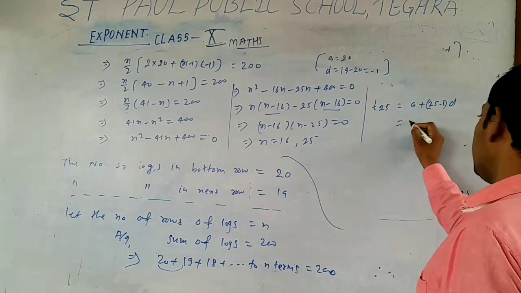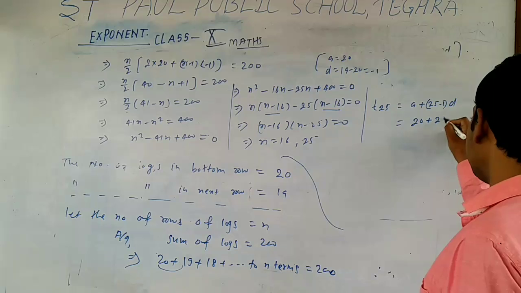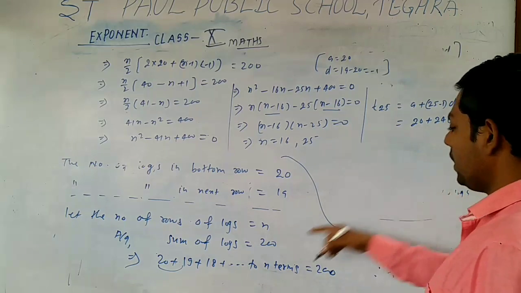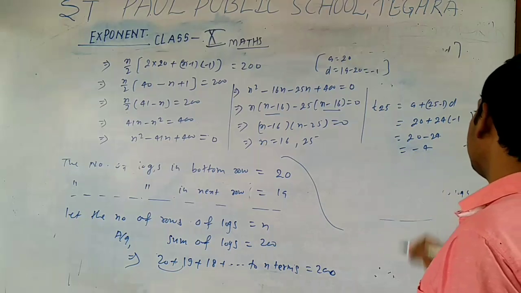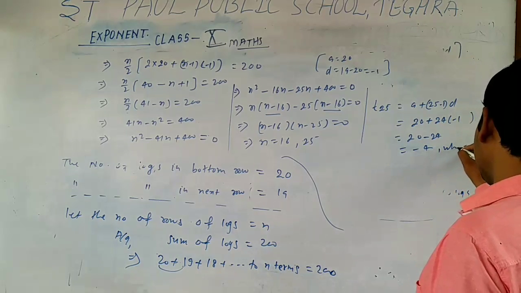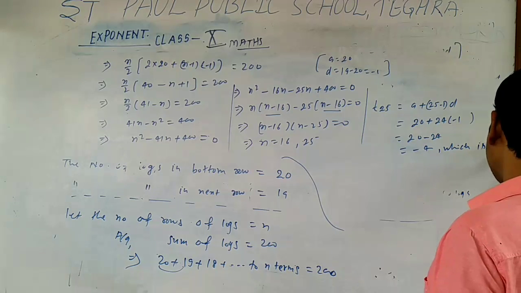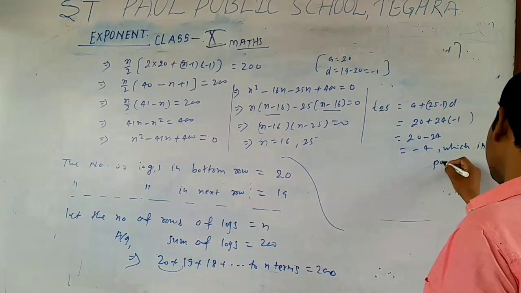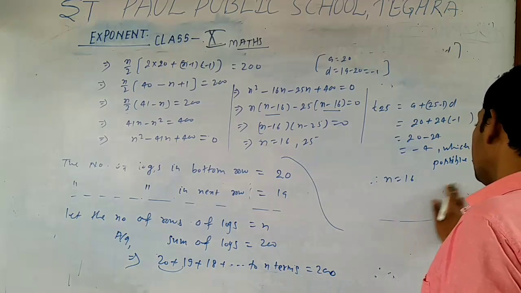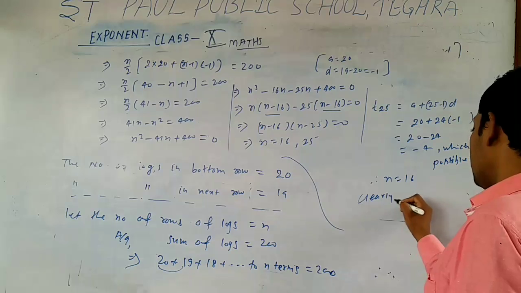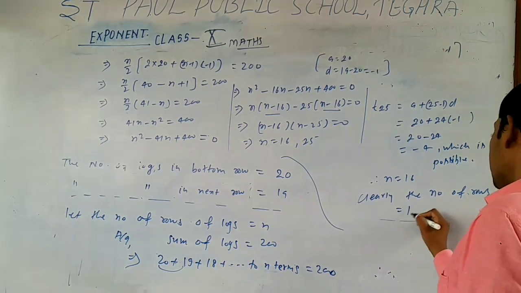In place of a we put 20, plus 24 in place of n minus 1, into d which is minus 1, that is 20 minus 24, that is minus 4, which is not possible because log continuity is not possible. Thus n equal to 16. Clearly, the number of rows is equal to 16.